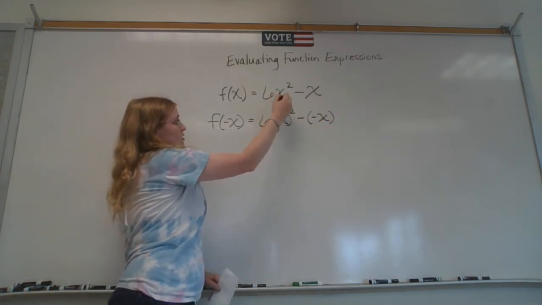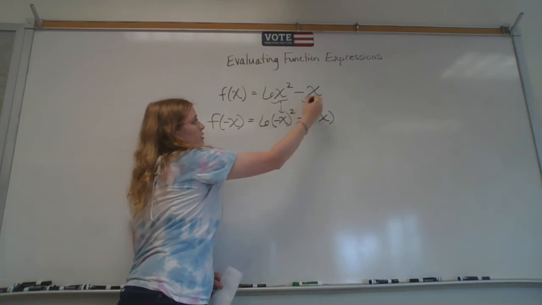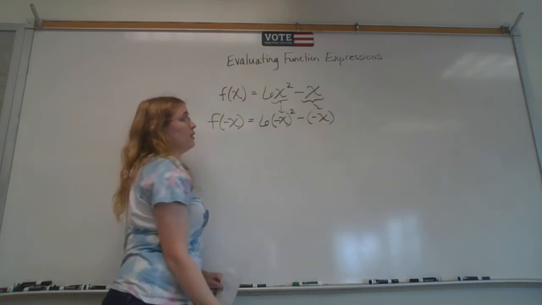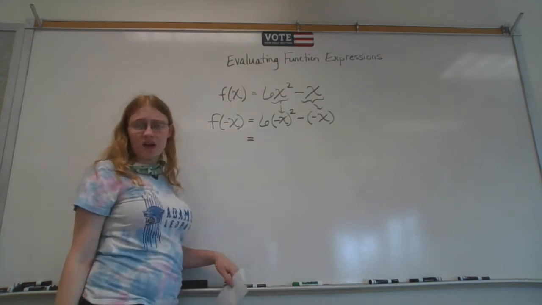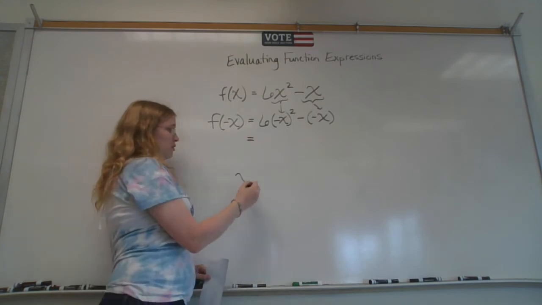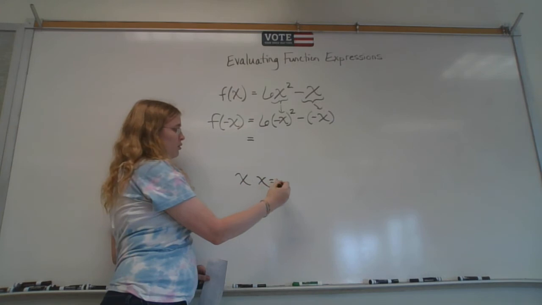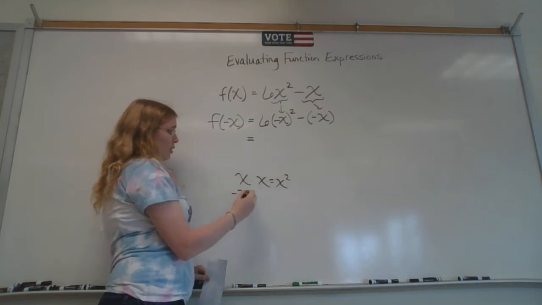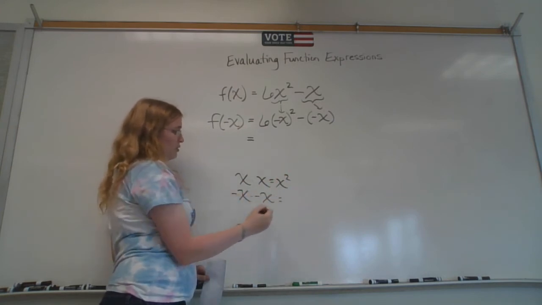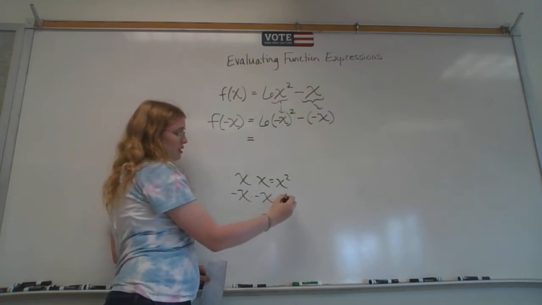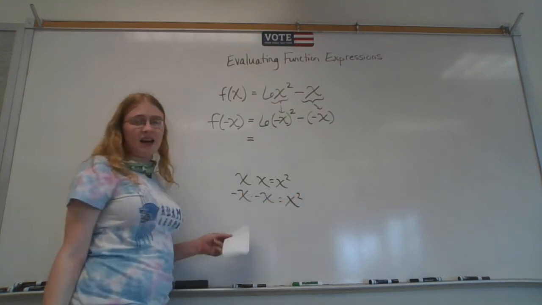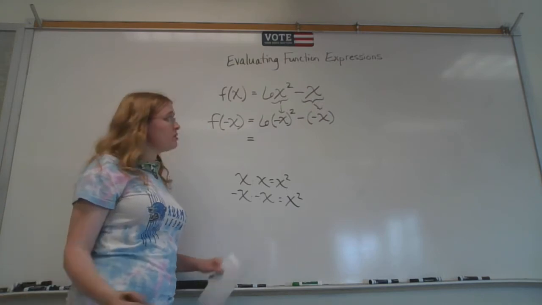So this x became negative x, and this x became negative x. Now, what is negative x squared? Negative x times negative x. Negative times a negative is a positive. X times x is x squared. So this is kind of funny and cool and something you've got to notice.